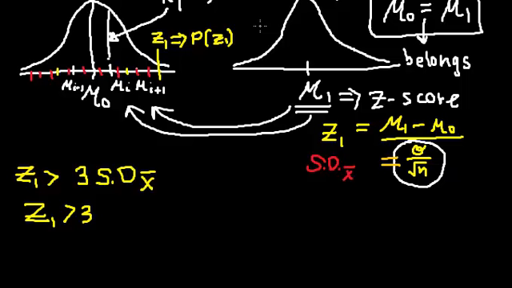Now, the most important thing in here is for us to understand other properties of the normal distribution. We cannot just get the probability of a single point. We need to get the probability of a range.